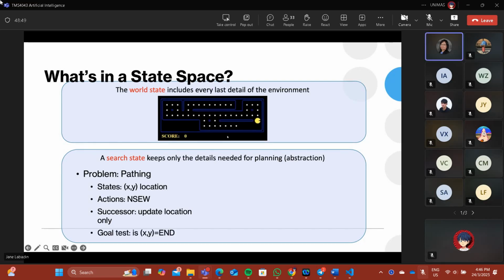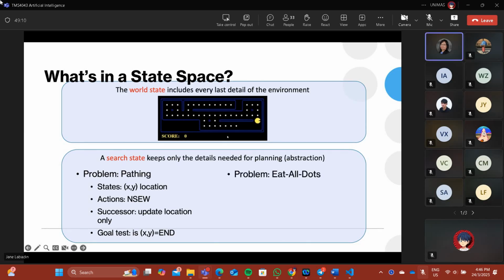Then for the goal test, you want to know whether you have reached the location that you want to be in.